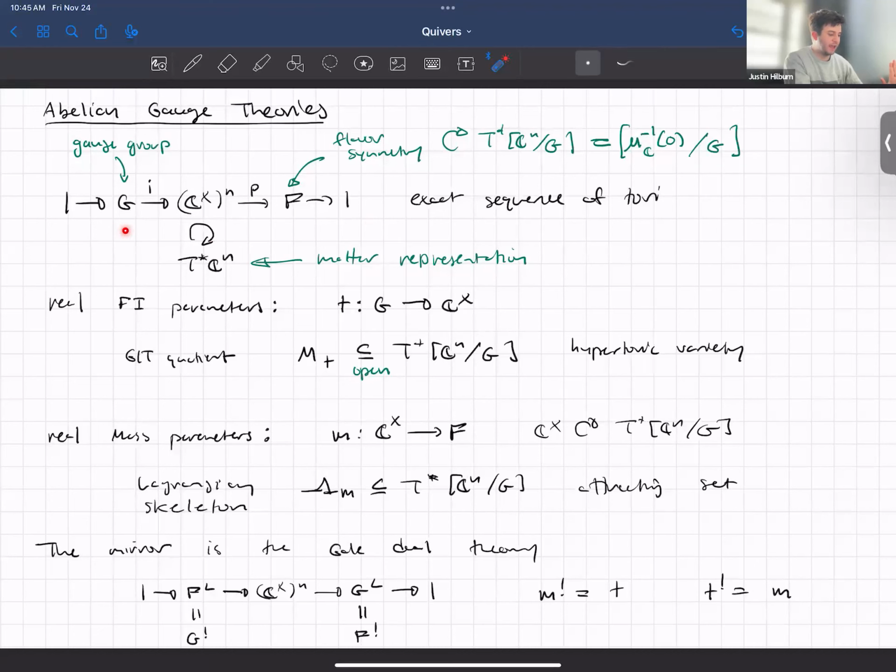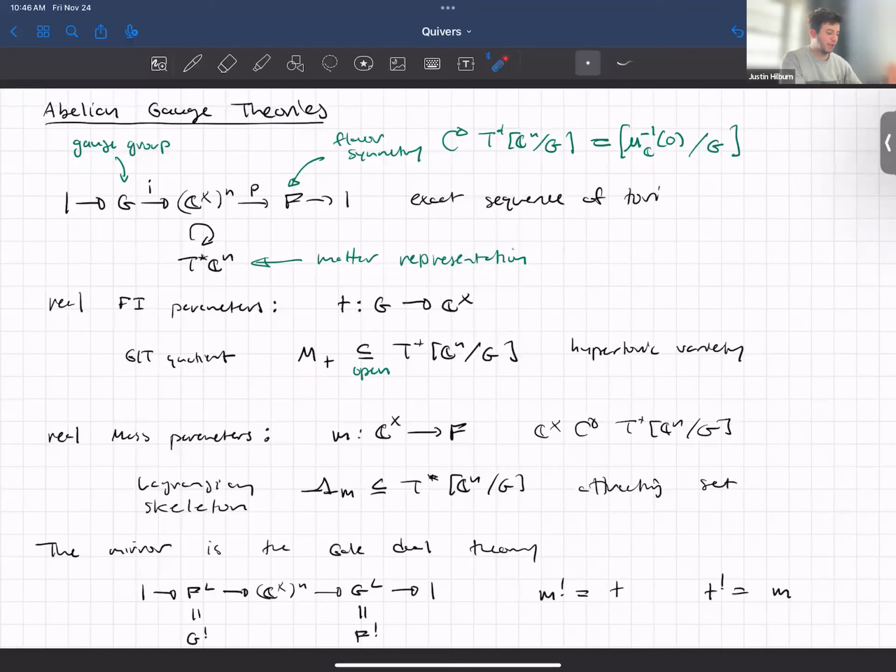So I'm just going to set the complex parts to be 0 for now, and just look at the real Fi parameters and the real mass parameters. And as you've said, the real Fi parameters contribute to a GIT quotient, which is a resolution of what you would get if you set T to be 0.